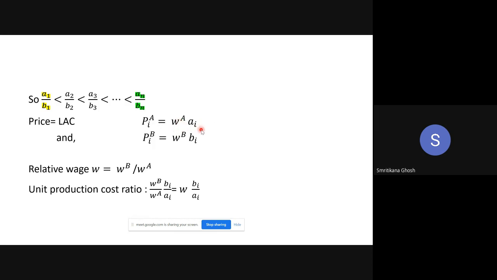WA into AI. So, this is your LAC. Is the right hand side clear to all? WA into AI. This is my LAC. This part is okay.